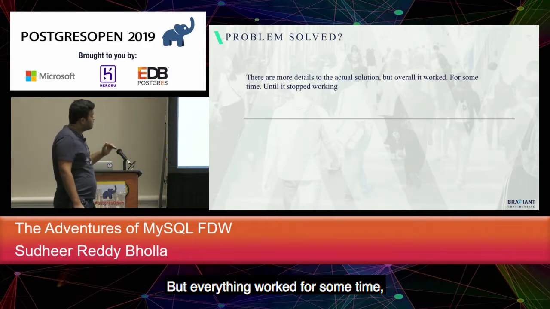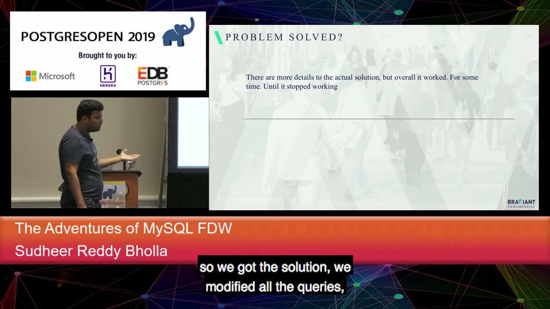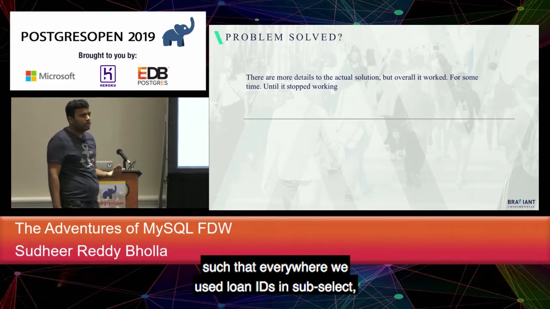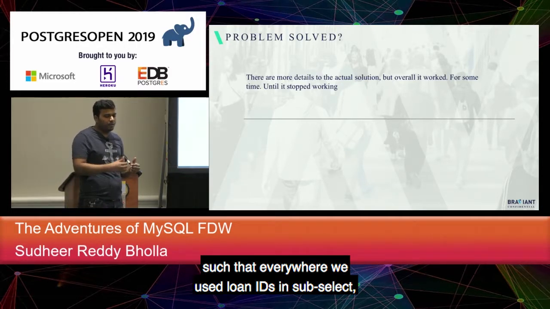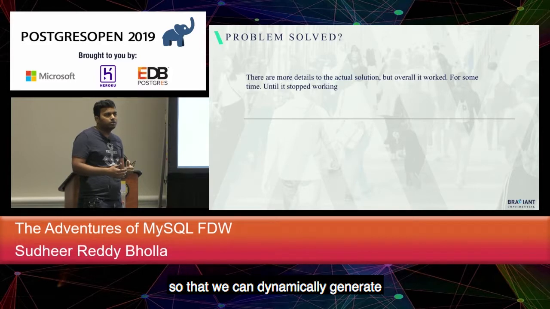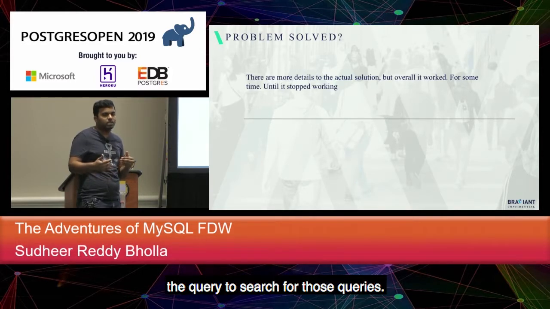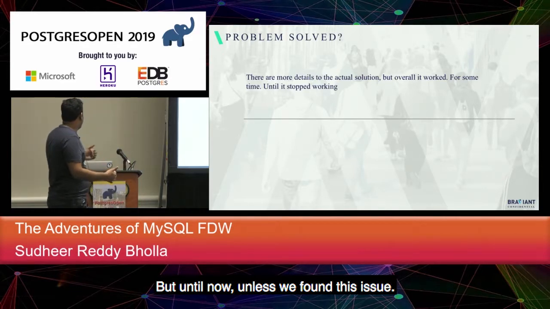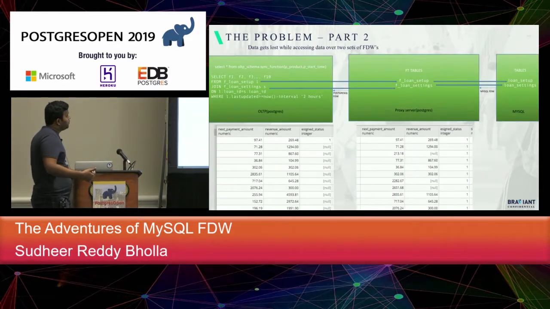Everything worked for some time, so we got the solution. We modified all the queries such that everywhere we used loan IDs in a subselect, we pre-selected the loan IDs and parameterized those values so that we can dynamically generate the query to search for those. But until we found this issue.